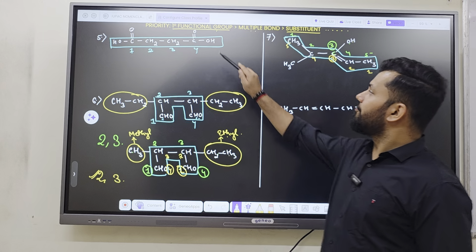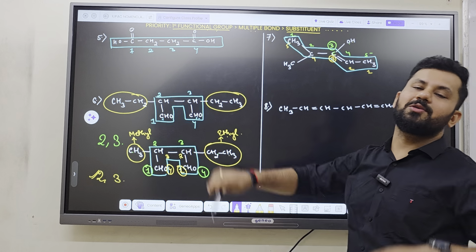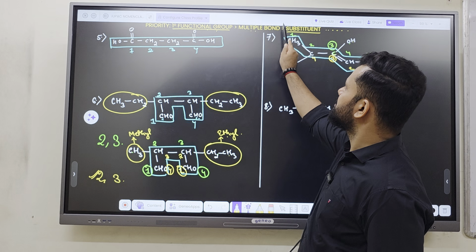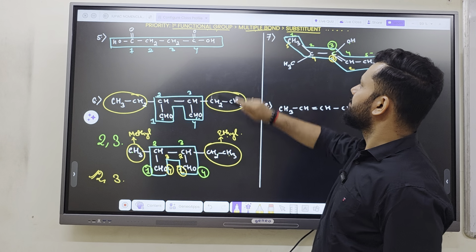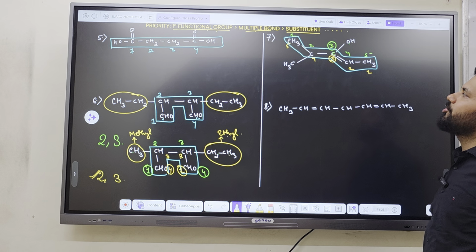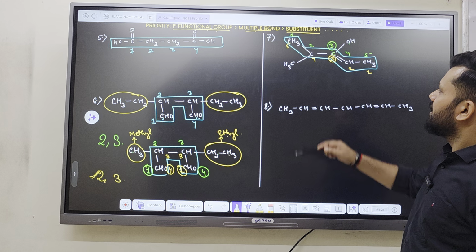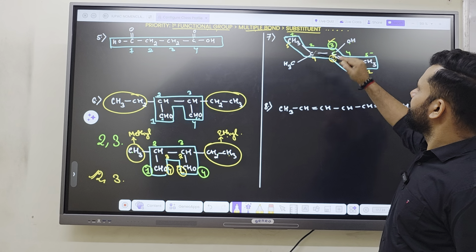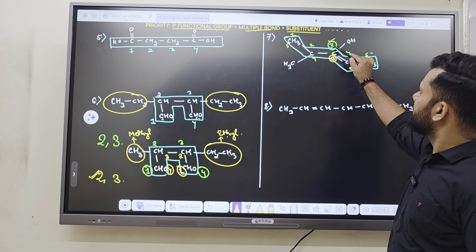That means functional group cannot resolve our difficulty, and hence we must go to the next criteria, that is multiple bond. We have to prefer that numbering in which multiple bond gets assigned the minimum number. In this green way, it is 3. Double bond is appearing between 3 and 4.